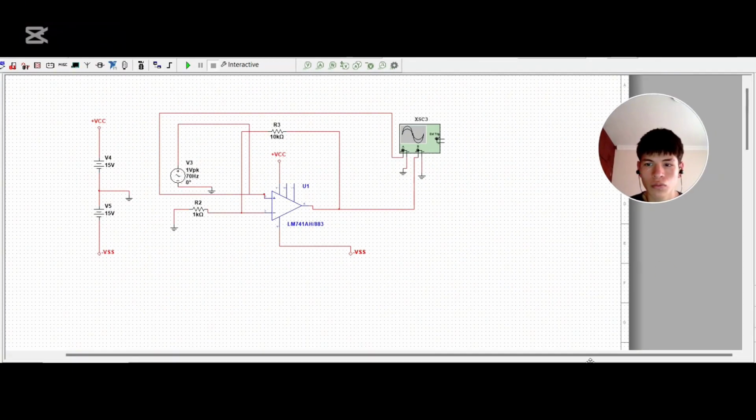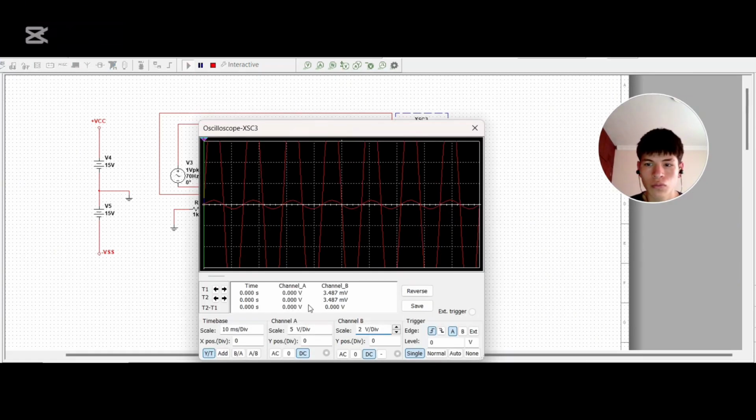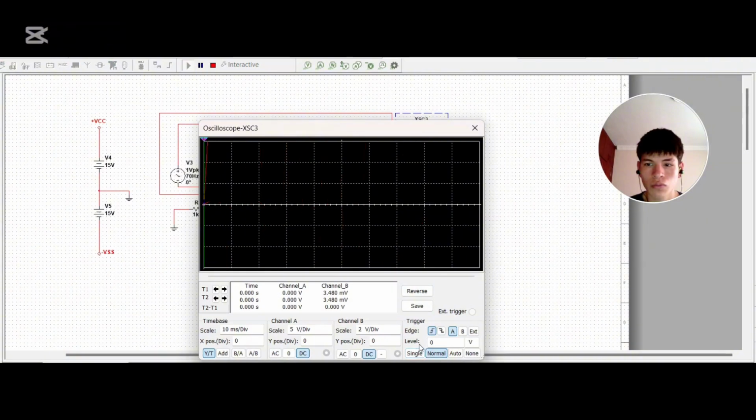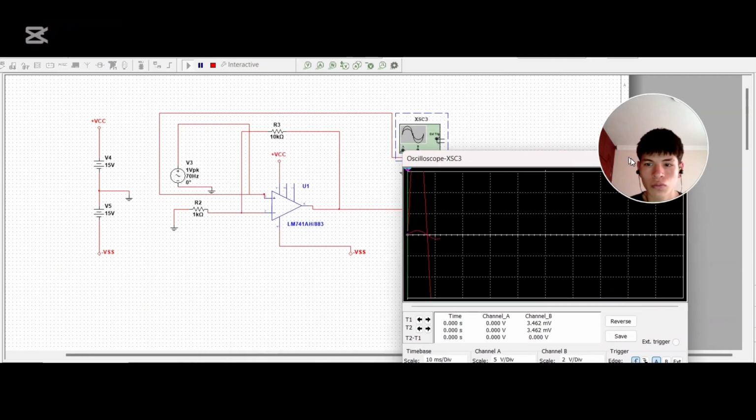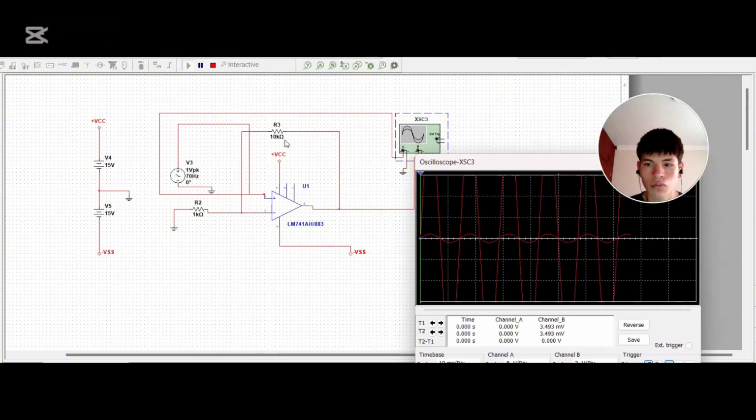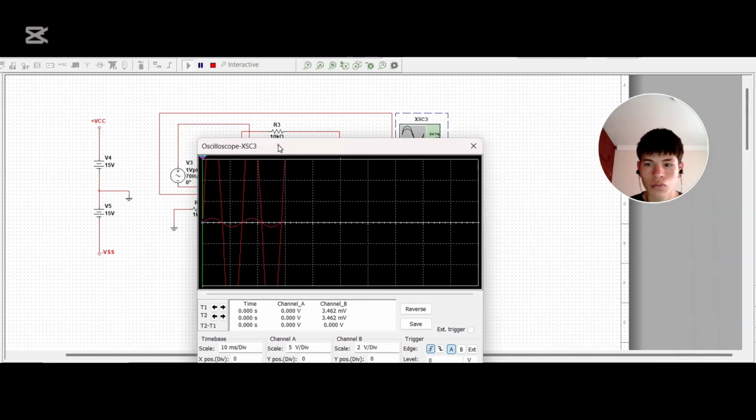Okay, so if we take into account the voltage in this graphic, the equation, V out over V in, is equal to 1 plus resistance 2 over resistance 1. Resistance 2 is 10,000 ohms over resistance 1, 1,000 ohms.